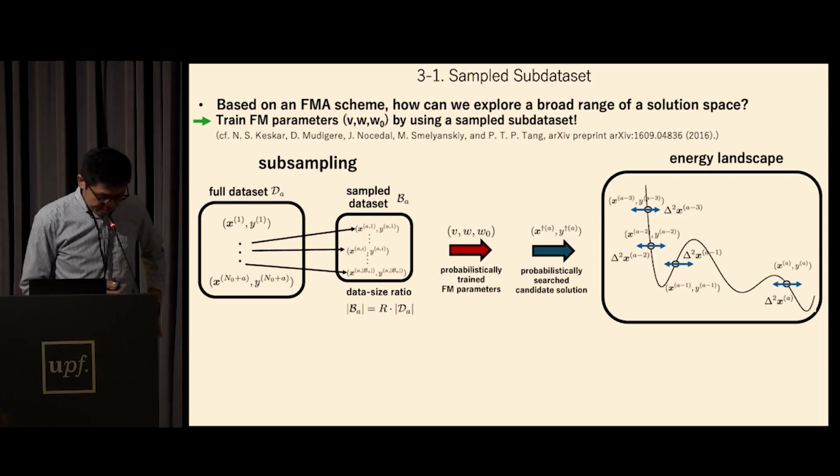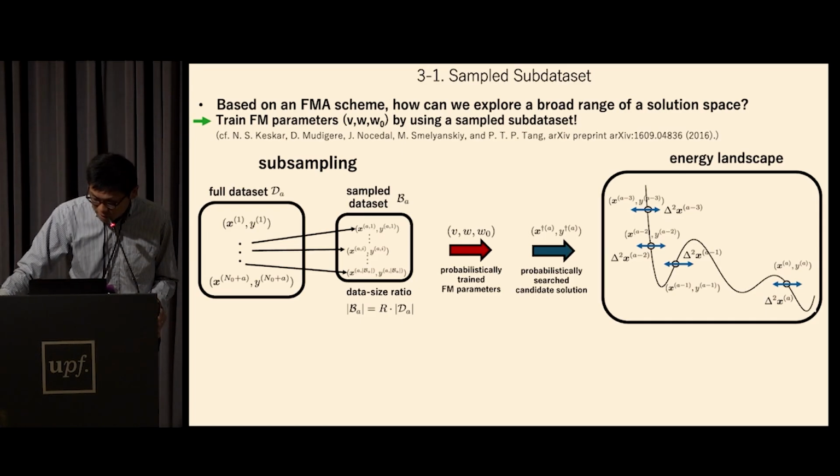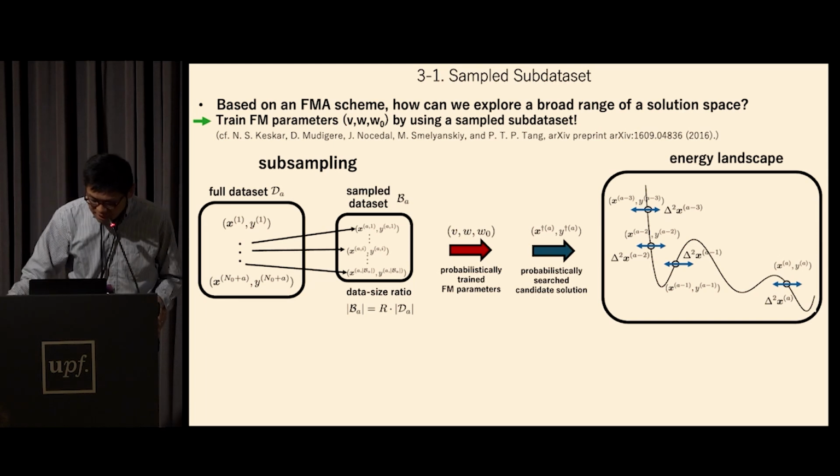In other words, fluctuation of the optimal solution is generated. This is going to be the driving force to explore a wide range of the binary solution space indicated by this figure, and this leads to the amplification of exploration performance.